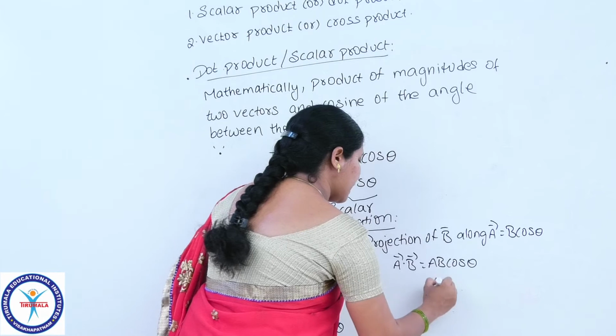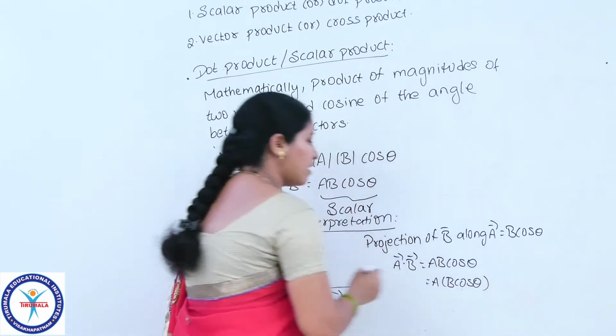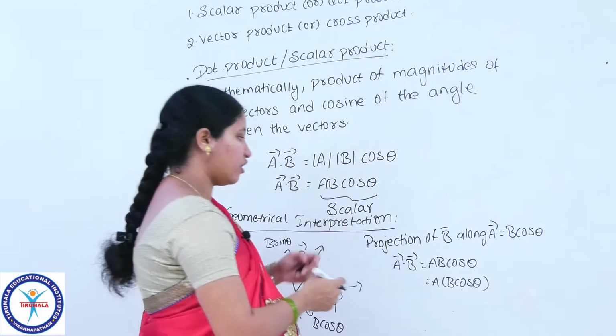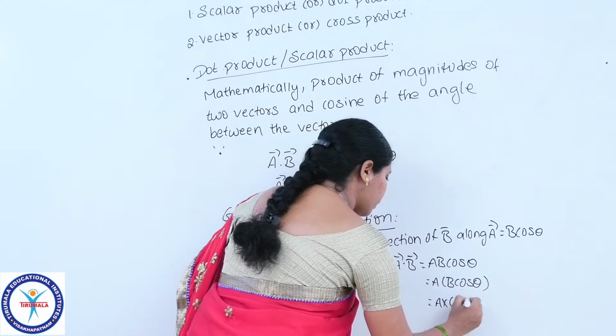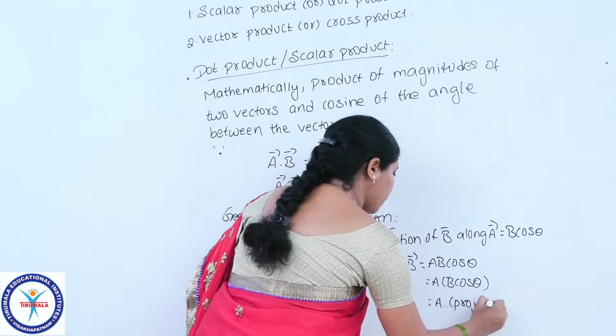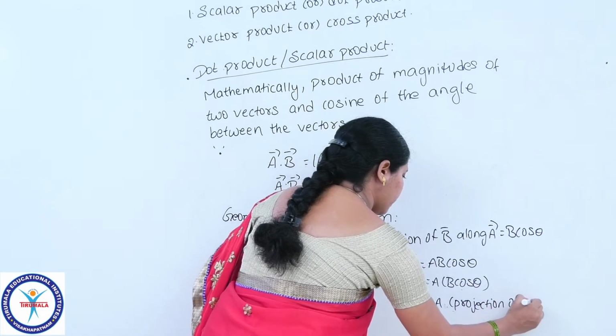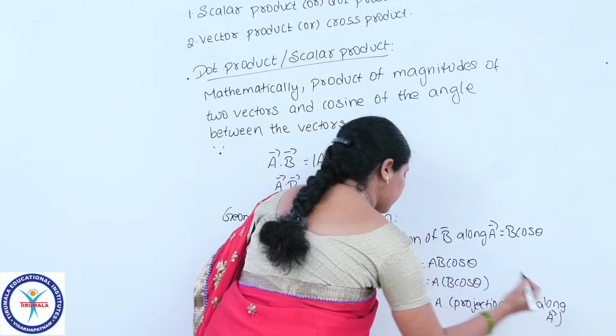So this we can write as a into b cos theta, where b cos theta is the projection of b bar along a bar.